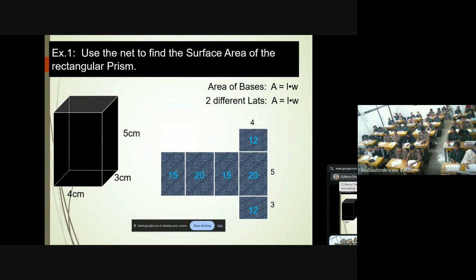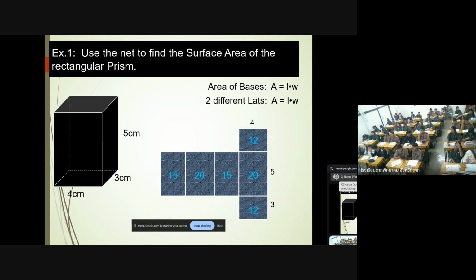To get the total surface area, we just add all of them. First, what is the total lateral area? 15 plus 20 plus 15 plus 20. You can easily do 15 plus 15, we have 30, and 20 plus 20, we have 40. So the answer is 70.